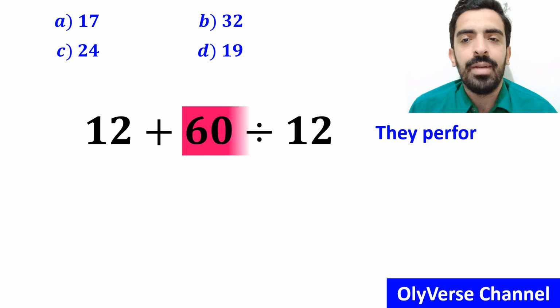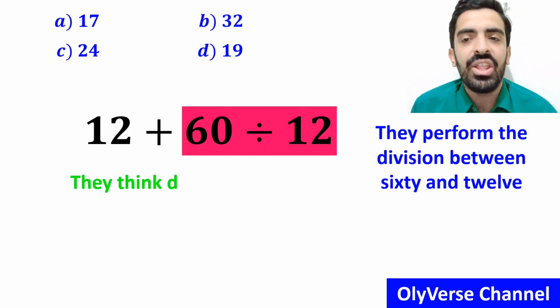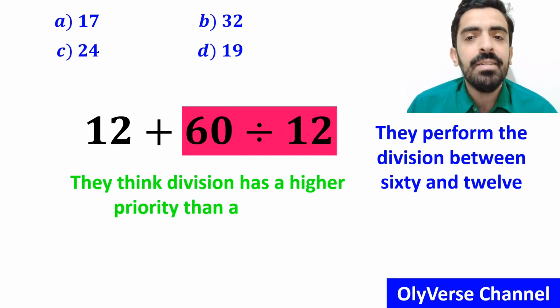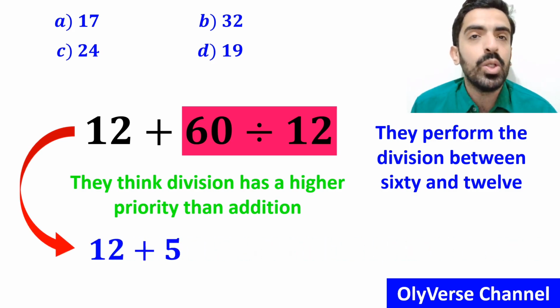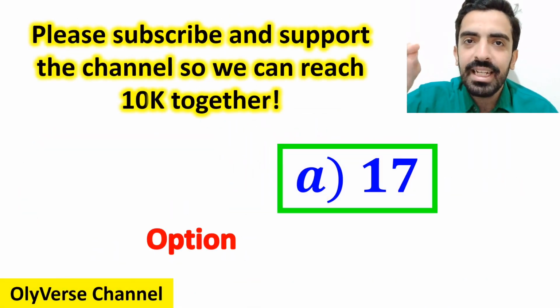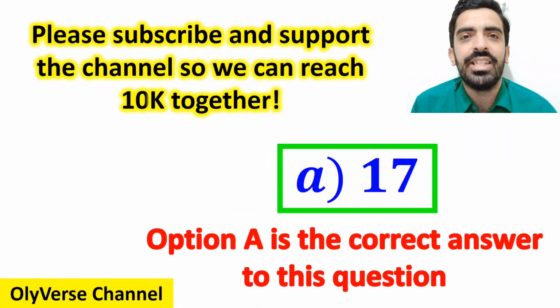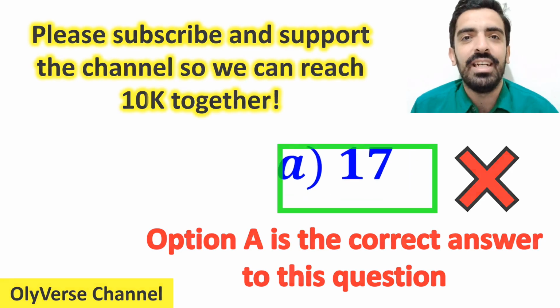In the final step, they perform the division between 60 and 12 because they think division has a higher priority than addition. So, they simplify this expression to 12 plus 5, which ultimately gives them the answer 17. And immediately, they conclude that option A is the correct answer to this question. However, it's not the correct answer to this question.